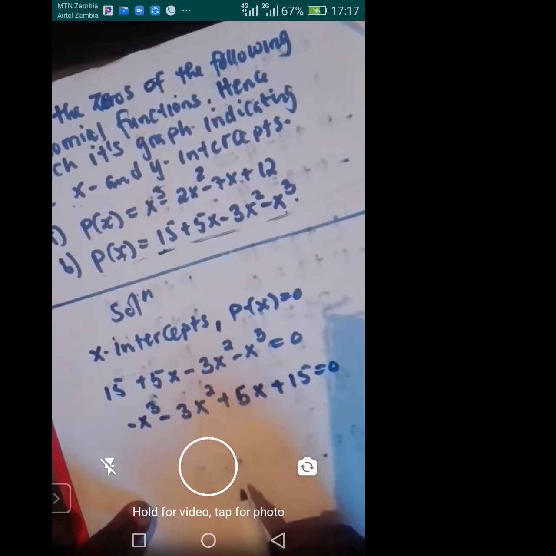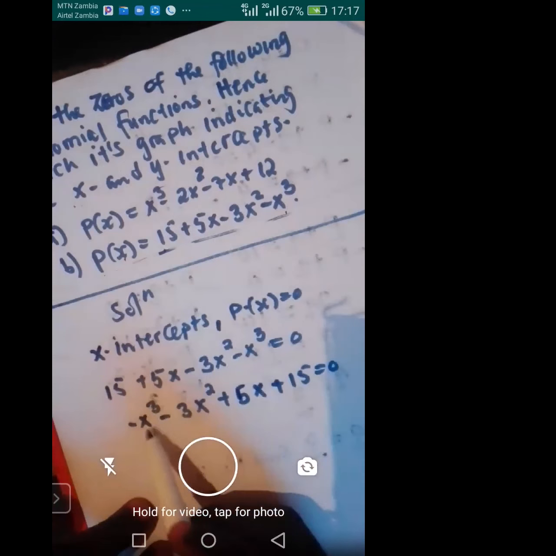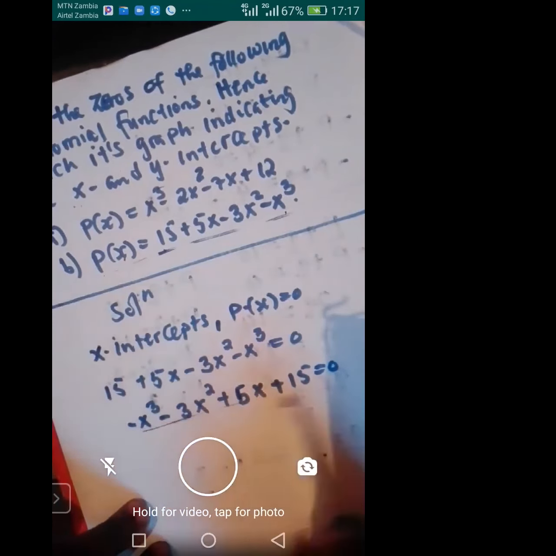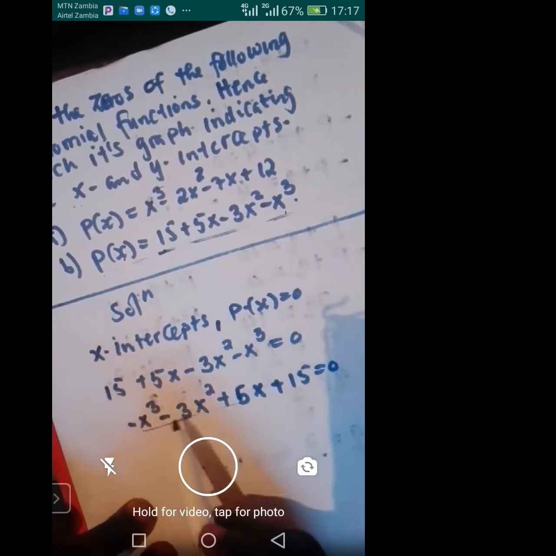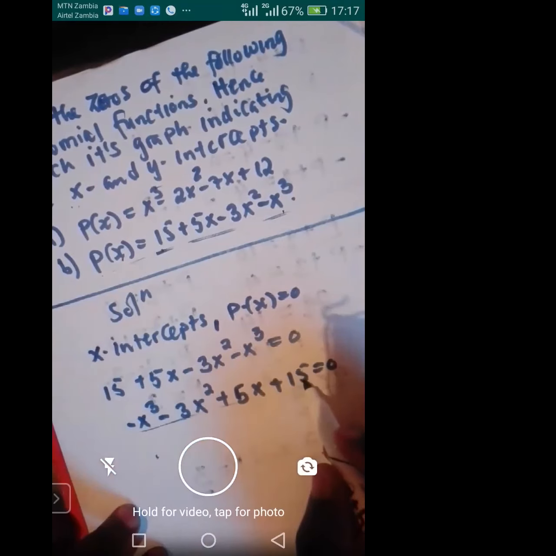Then what else do we need to do here? Okay, so we need to find at least one factor of this polynomial function. You can find those factors by looking at the coefficient of the x with the highest power, which is -1 here, and looking at a naught.